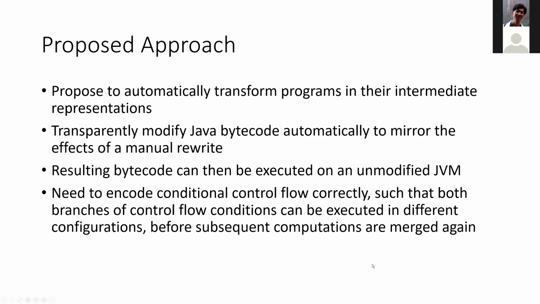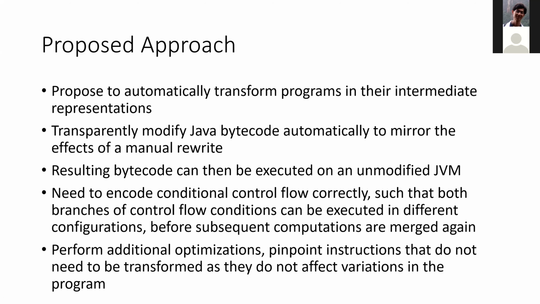You have to ensure that they encode the conditional control flow correctly, such that both branches of a control flow condition can be executed in different configurations, but then after they are executed, they have to be merged again. They also perform some additional optimizations, such as finding instructions that do not need to be transformed, as they do not affect any variations in the program.